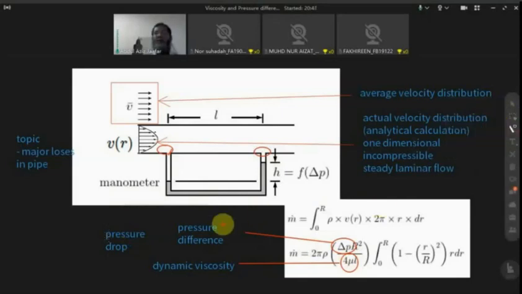If the problem involves an increase of pressure at the downstream location in the flow, we're going to call it pressure rise. So again, pressure difference can be pressure drop or pressure rise.